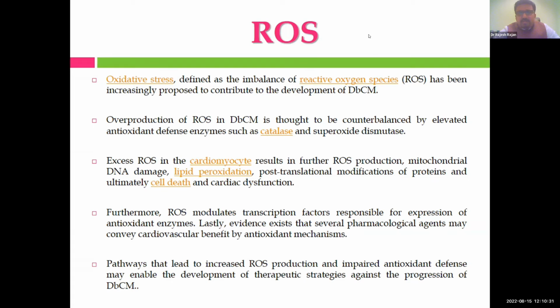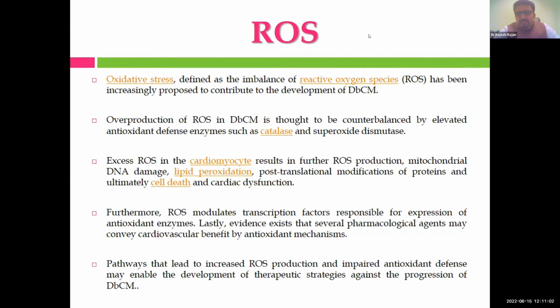The overproduction of ROS in diabetic cardiomyopathy is thought to be counterbalanced by elevated antioxidant defense mechanisms such as catalase and superoxide dismutase. The excessive ROS in cardiomyocytes result in further production of ROS, mitochondrial DNA damage, lipid peroxidation, and post-translational modification of proteins, and ultimately cell death and cardiac dysfunction.